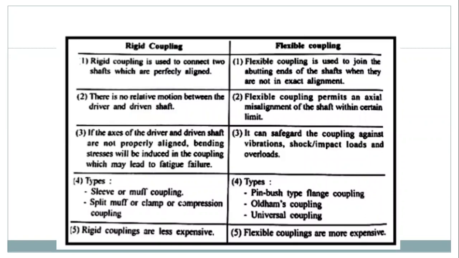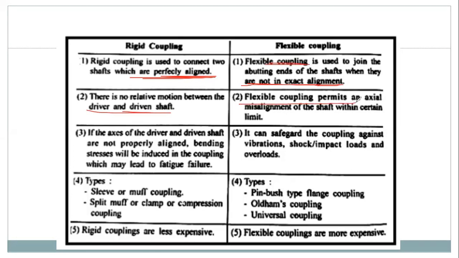So guys, we have already seen the difference. Now let's very nicely see the difference between the rigid coupling and the flexible coupling. See guys, as you know, rigid couplings can only be used when the shafts are perfectly aligned. But if there is even a small amount of misalignment between the shafts, then the flexible couplings can be used. There is no relative motion between driver shaft and driven shaft, right?